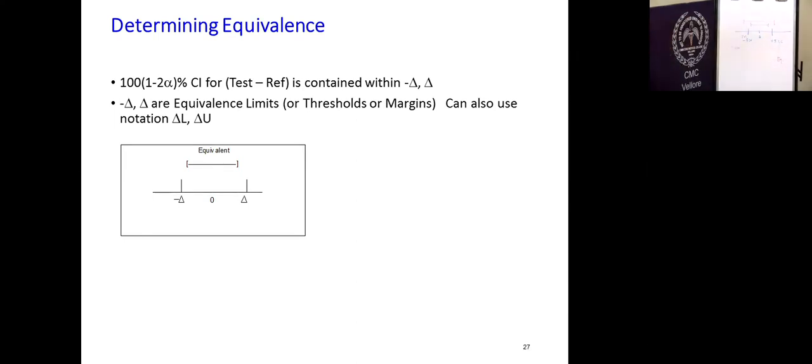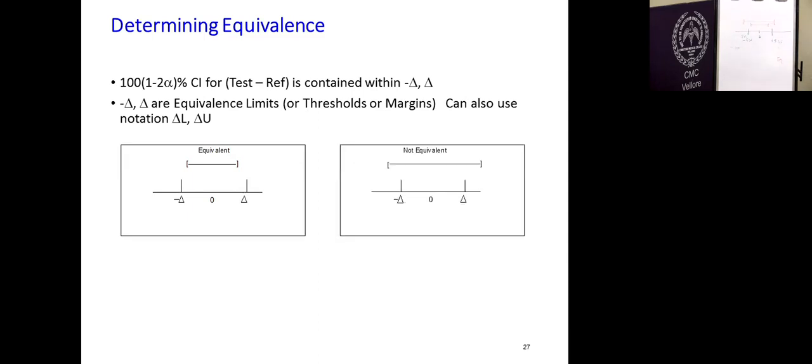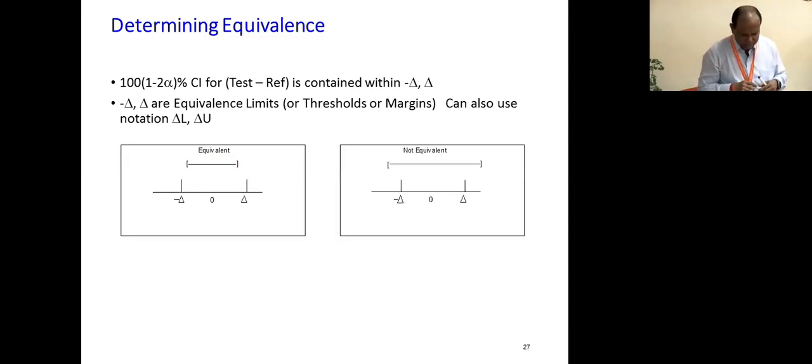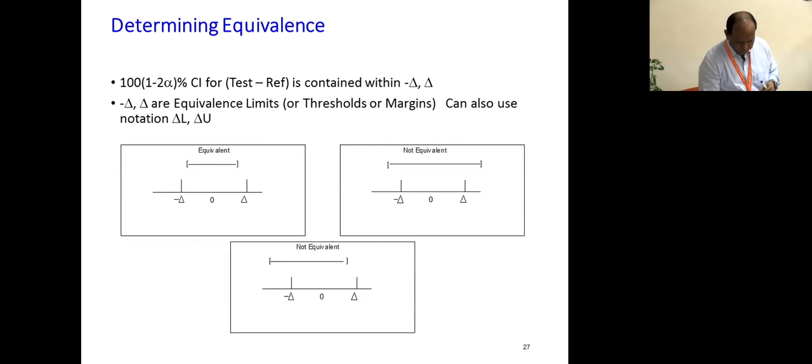Okay, but you will not know that kind of thing. I'll show you some of this. This is not significant, not equivalent. And this is not equivalent, because one limit has exceeded the margin and therefore it is not equivalent. Is that okay? All you have to do is calculate the confidence interval.